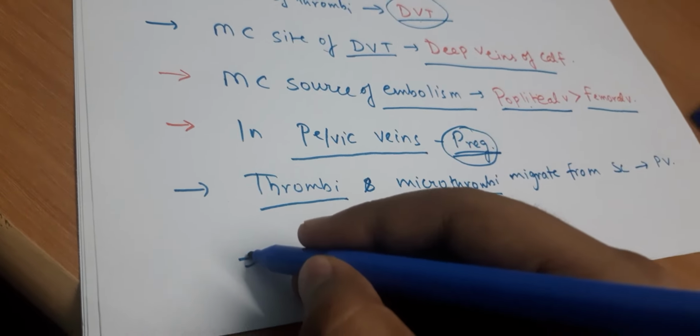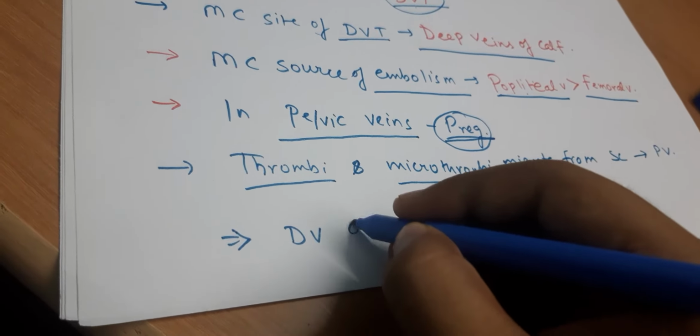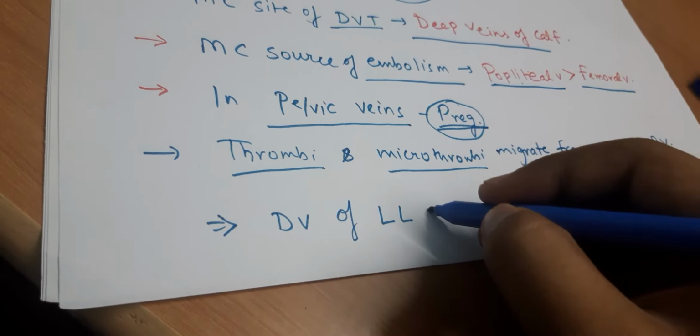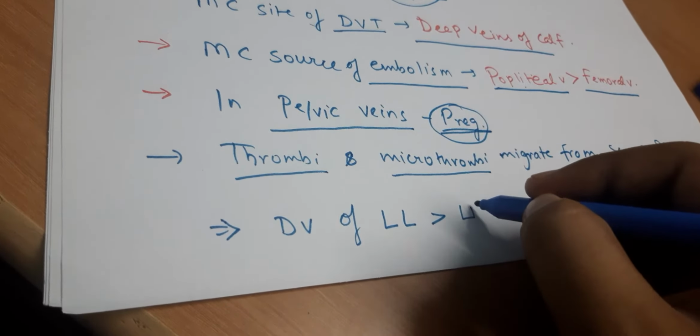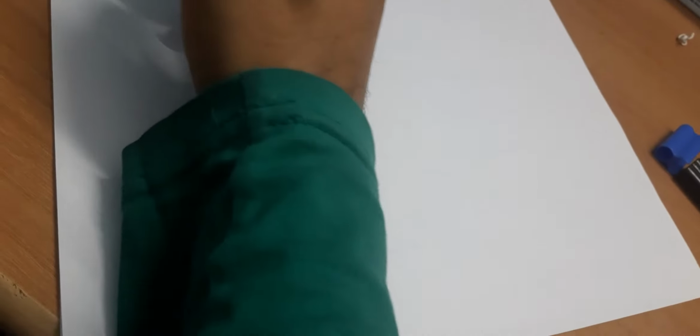One thing which is very important is that the deep veins of the lower limb are more affected than the upper limbs. This is also an important thing we must remember.